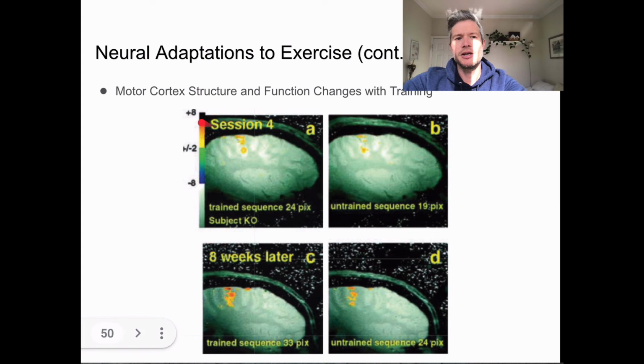So the idea is over training, and this particular study was just a finger motor skill. They have lots of different protocols you can use, but usually it's just finger tapping in a pattern or reaction time stuff. But we can see over the span of 8 weeks of training that this area right here in the trained individuals for this specific task, we can see a greater amount of activation.